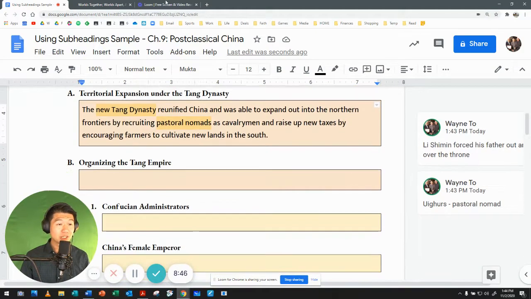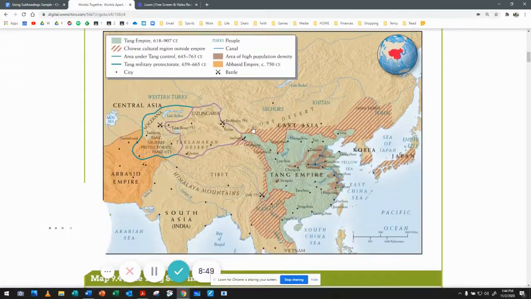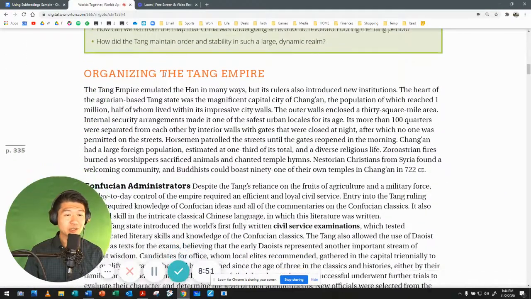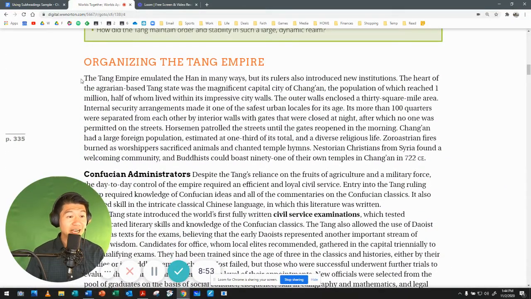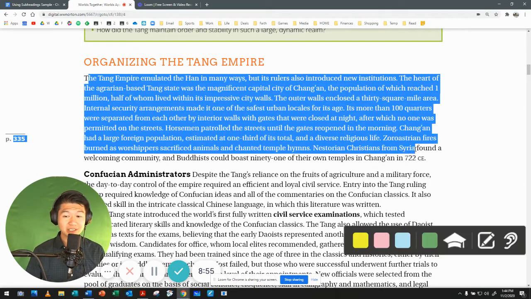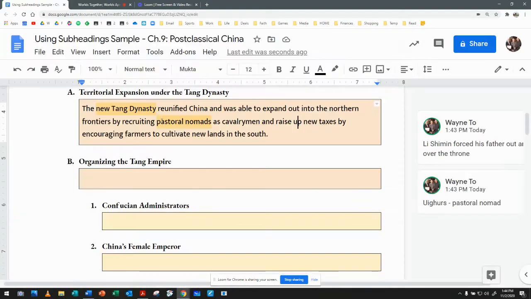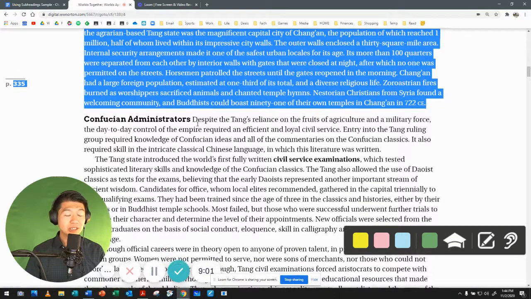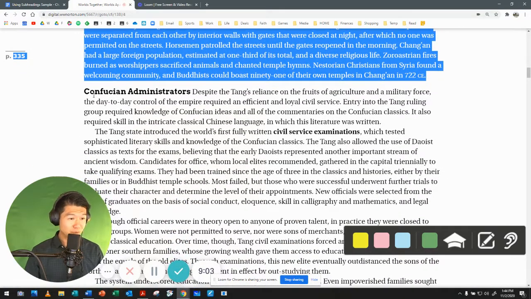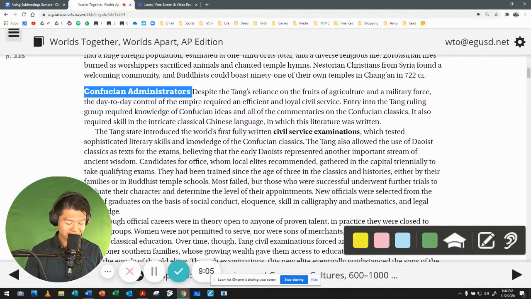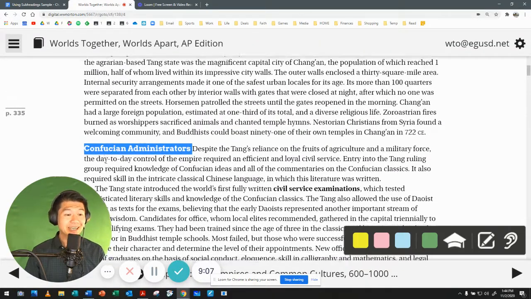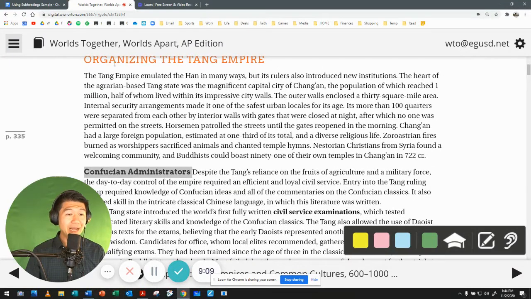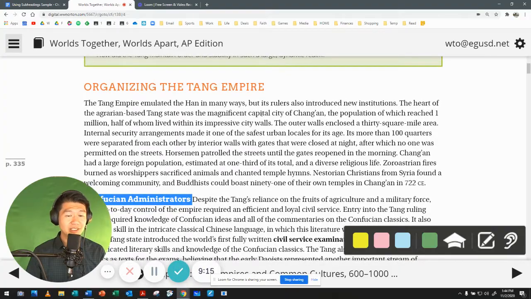And then from there, what you're going to do is to continue to read down. So the next major heading is organizing the Tang Empire. Do the exact same thing, a one sentence summary for this that you're going to go ahead and place in this box right here. And in the same way, you get to the subpoints within the subheadings, which will relate back to this title here: how Confucian administrators help to organize the Tang Empire.